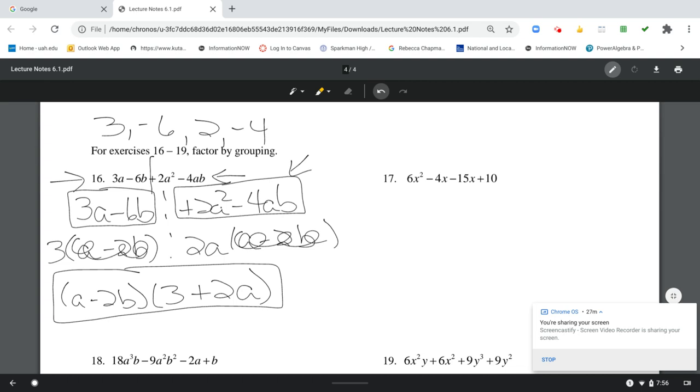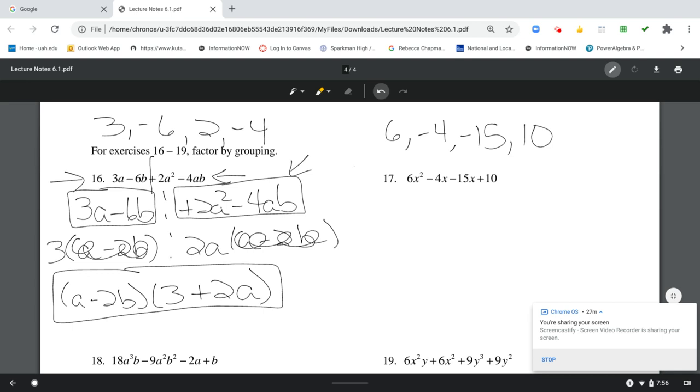In number 17, I'm going to do the same thing. As I look across 6, -4, -15, and 10, they do not all have something in common. 6, 4, and 10 have something in common, but 15 doesn't. 6, 4, and 10 have a 2 as a factor, but 15 does not. So if you can find a scenario where just one of the numbers does not work, like the 15 in this case, then you don't have a greatest common factor as far as numbers.